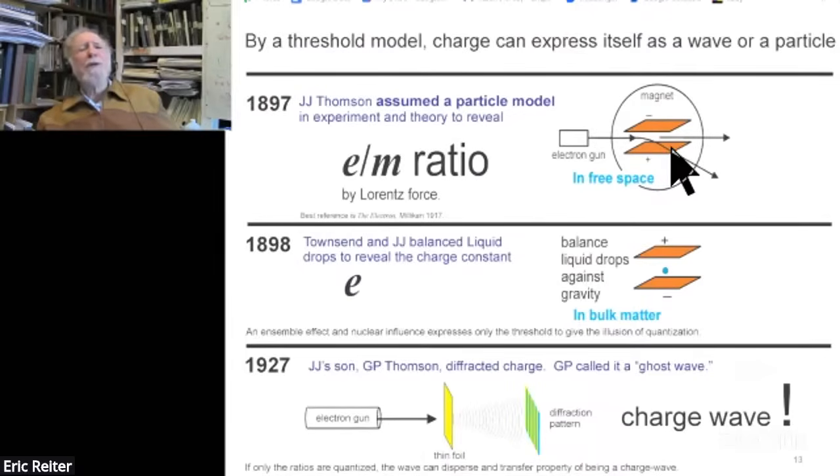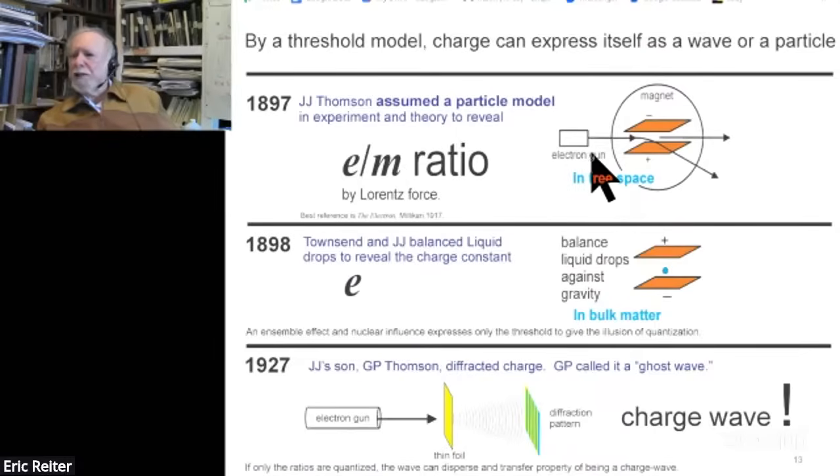So it's about the ensemble state of matter with nuclear forces on the oil drop, of all the atoms in the oil drop and the surface charges, that will express the charge constant. So in the beam experiments, you don't get the charge constant, you get the ratios.